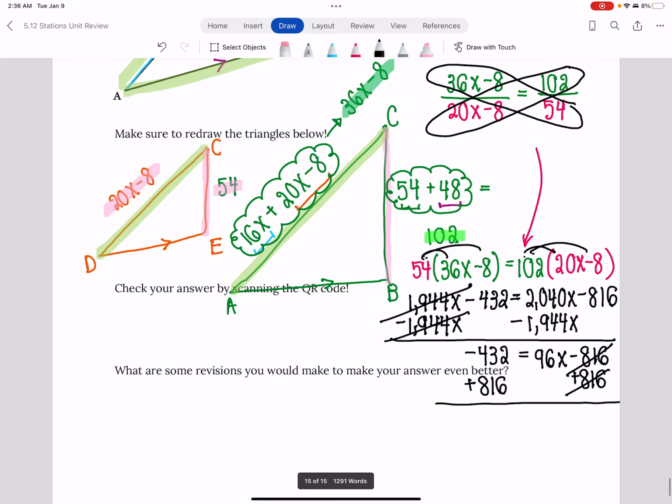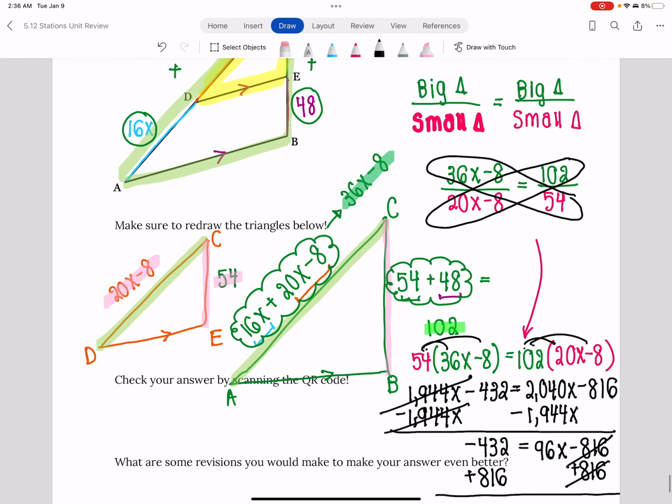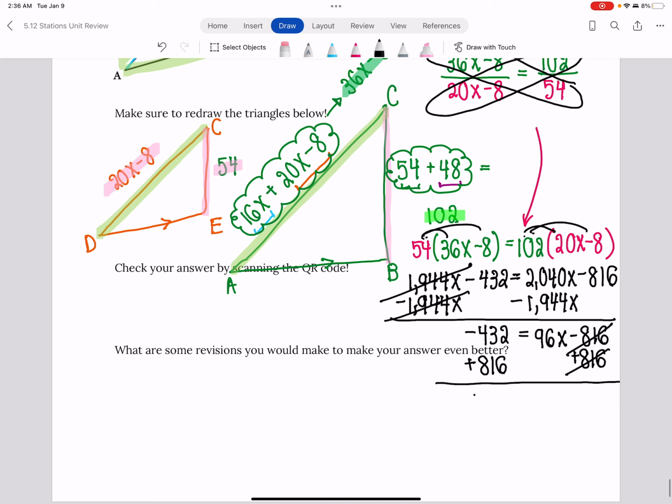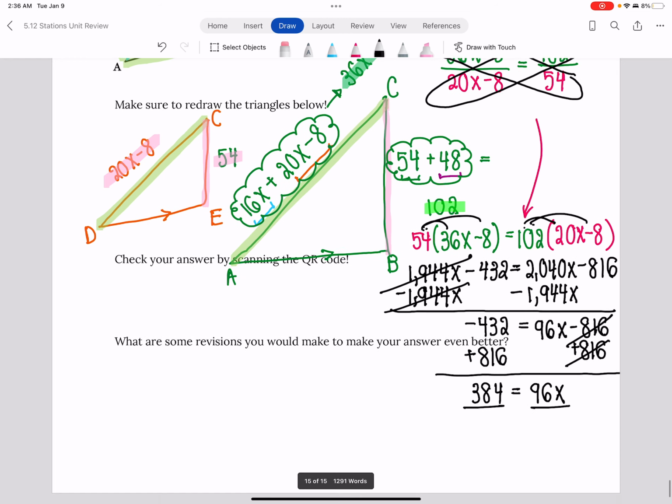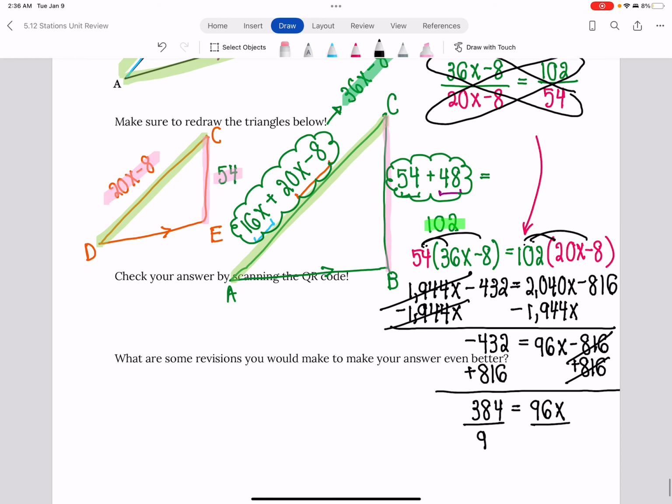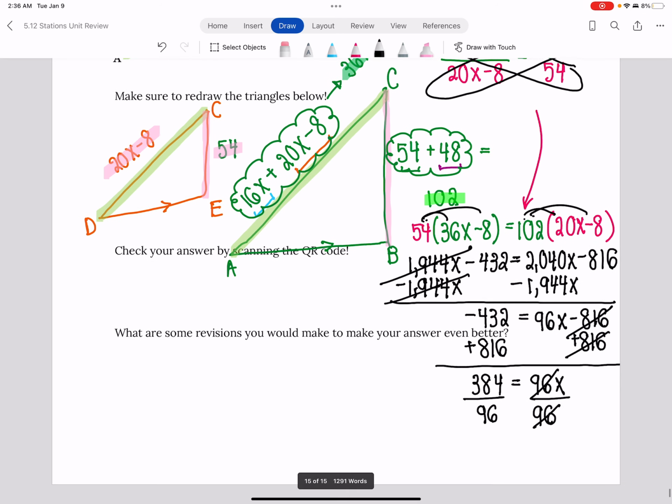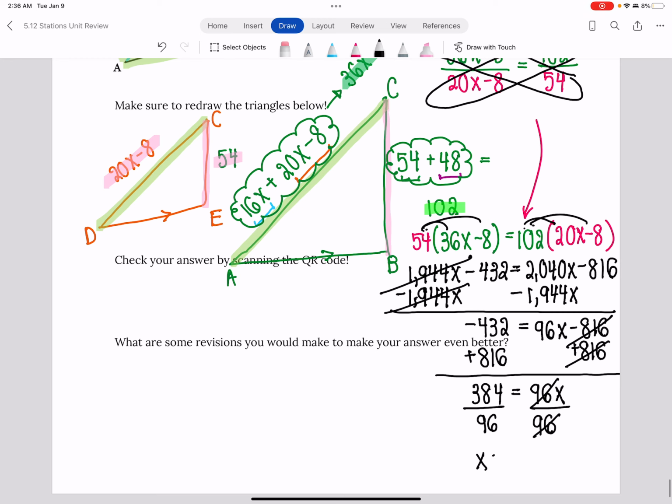That gives us 384 on the left side, and 96x on the right side. Finally, to get our final answer, we are going to divide both sides by 96, whatever is in front of our x term, and we get that x is equal to 4.